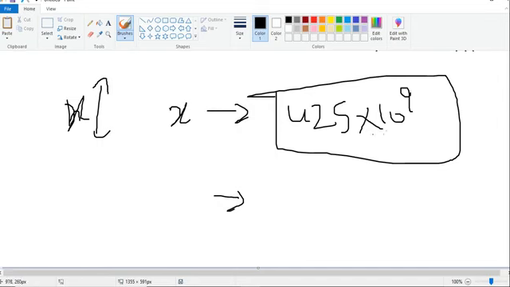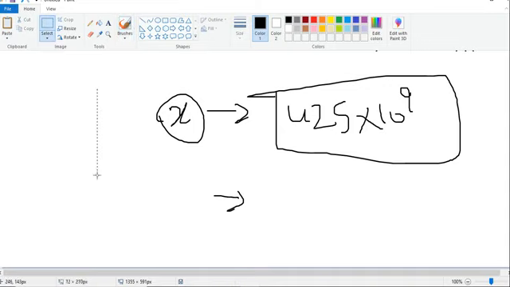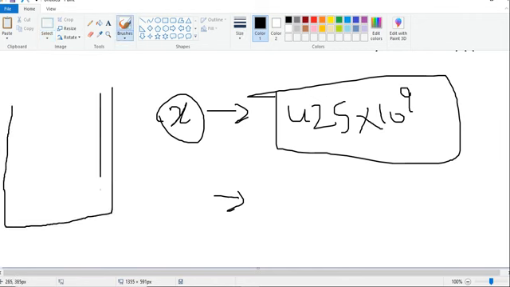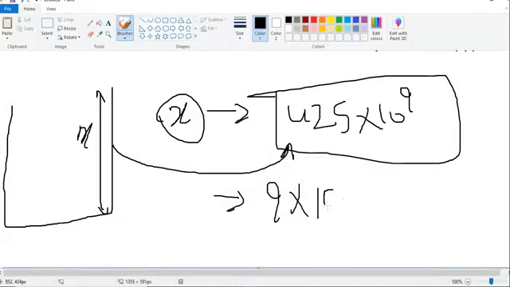Now the total energy that can be produced with this height, our total reservoir height x, is this energy. The second energy is given for 9 hours, with a 150 megawatt load connected.